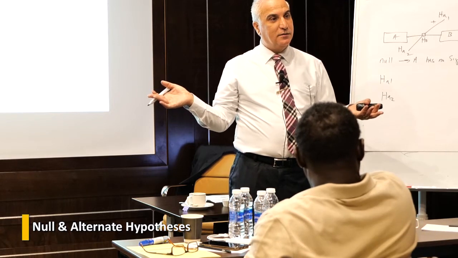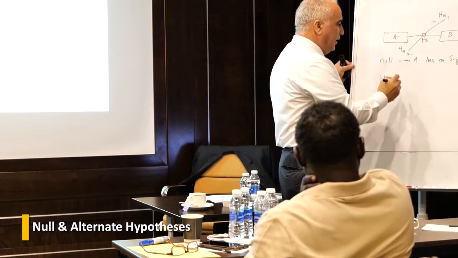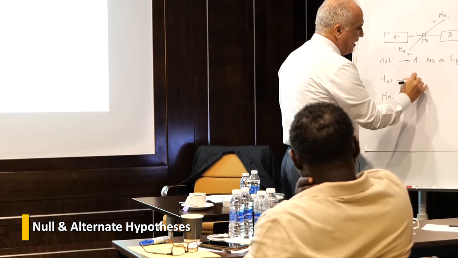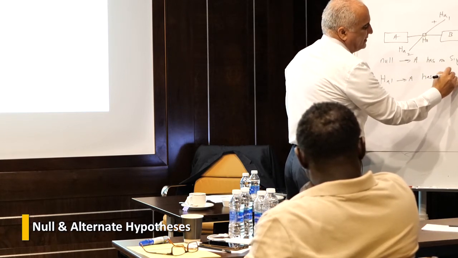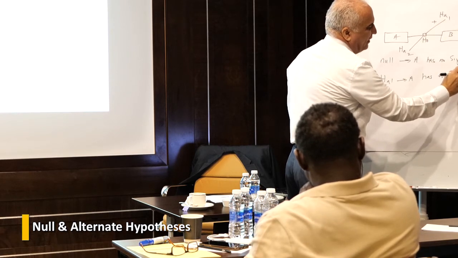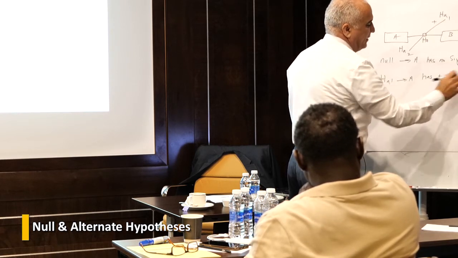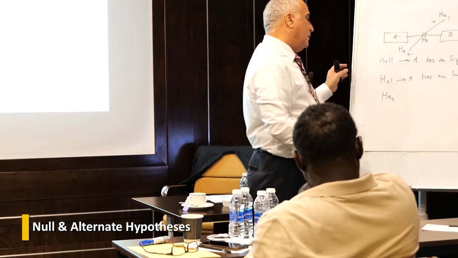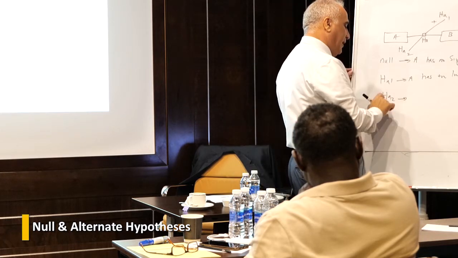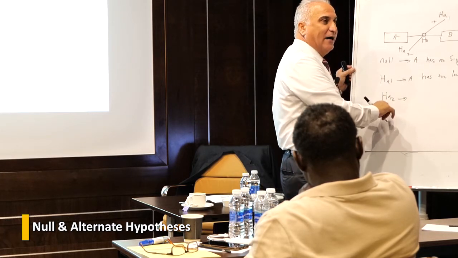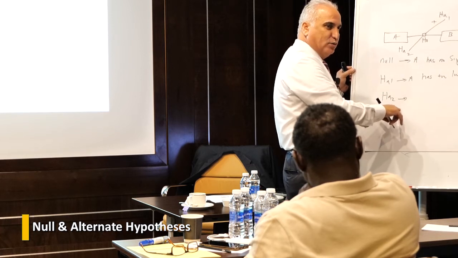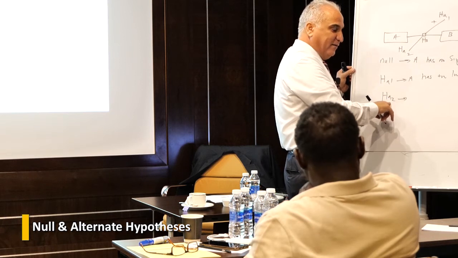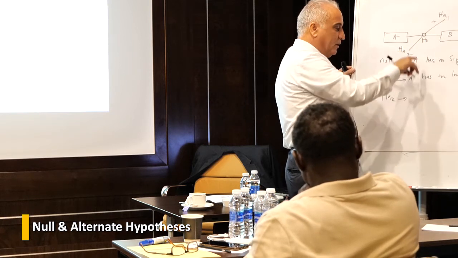Okay, guys? So, in this case, we say A has a positive impact or influence on B. HA2, alternative hypothesis 2, where A means alternative and 2 is the number.